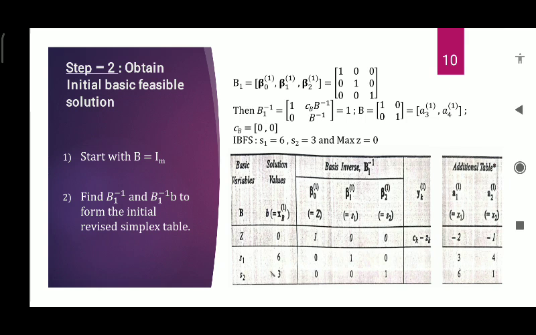which is nothing but the column vectors a3 upon 1 and a4 upon 1. And according to the definition, B1 inverse is nothing but the matrix [1 CB B inverse; 0 B inverse]. What is CB? The cost values of the basis, nothing but 0, the column matrix 0, 0, whole transpose.